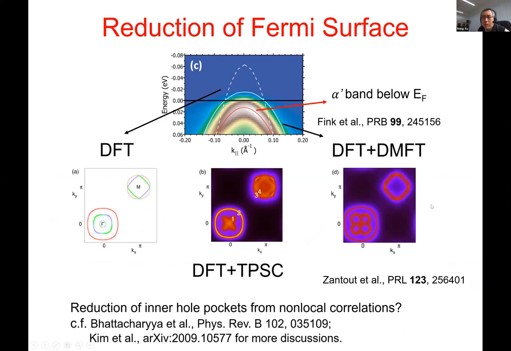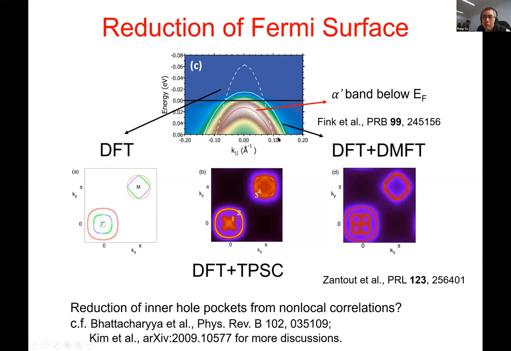Another point which motivates us to study this system is the reduction of the Fermi surface in the lithium-111. According to the DFT calculation, there are 3 hole pockets centered at the gamma point.